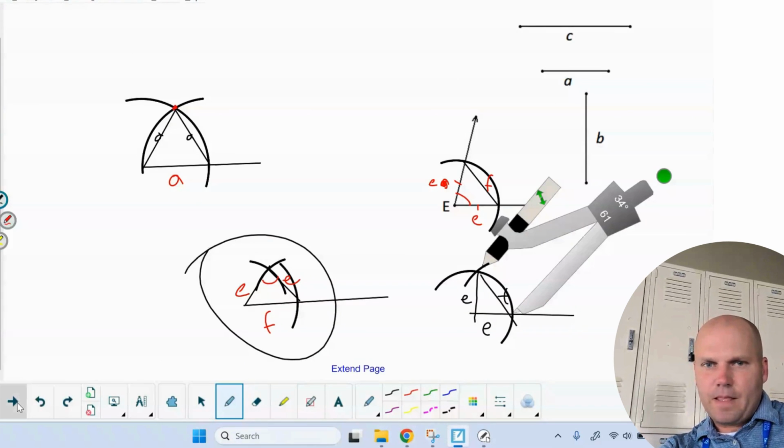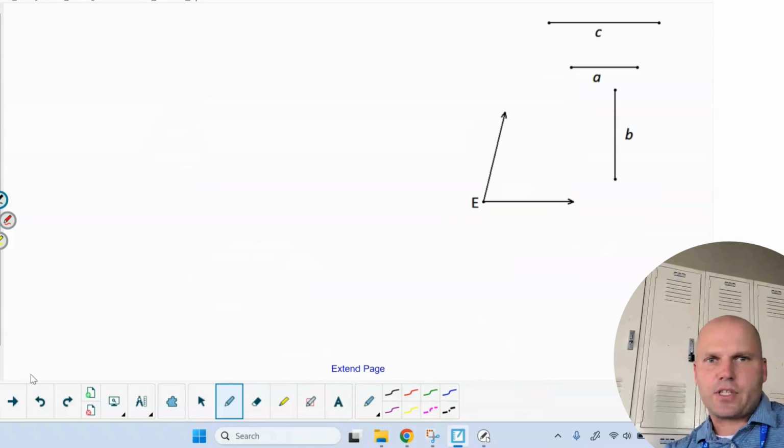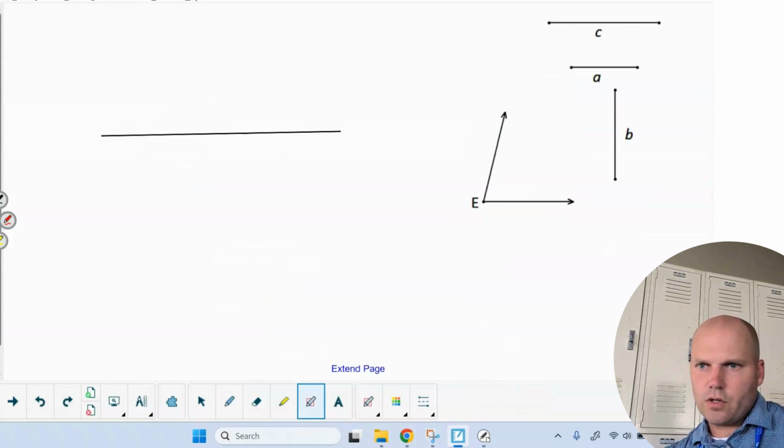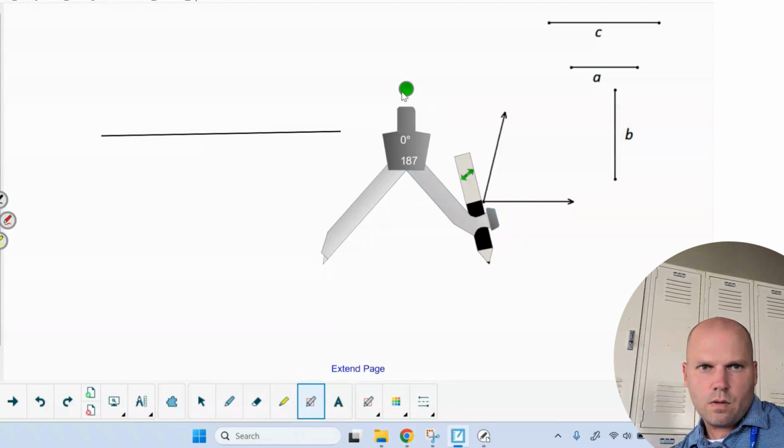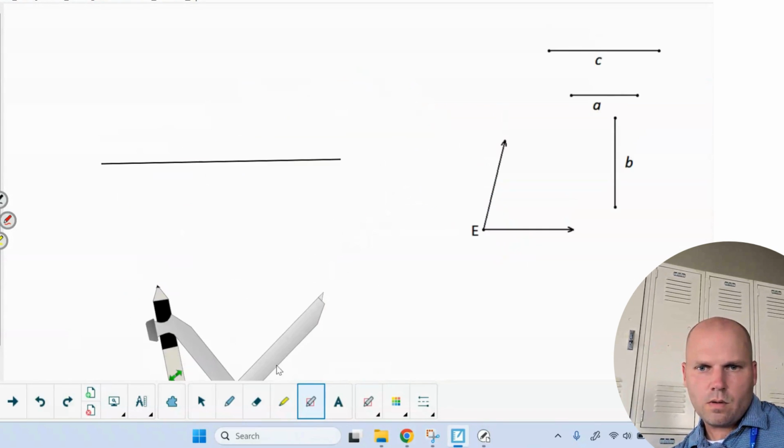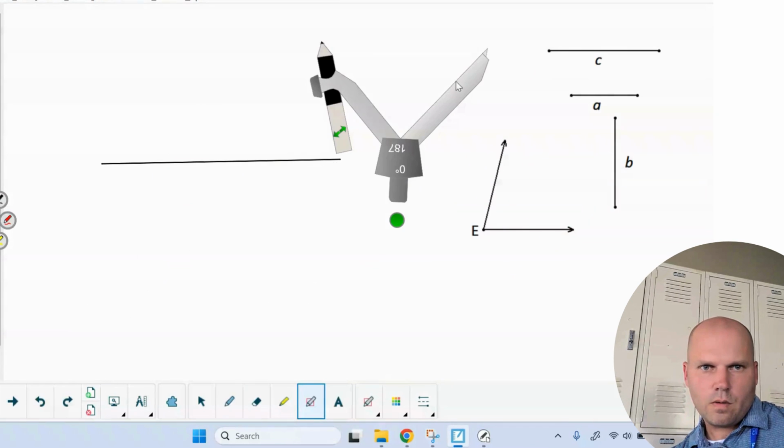1/2 C minus A. Easy. Do you know how to create a rhombus? Then you should be good. Here's C. Why that's happening.